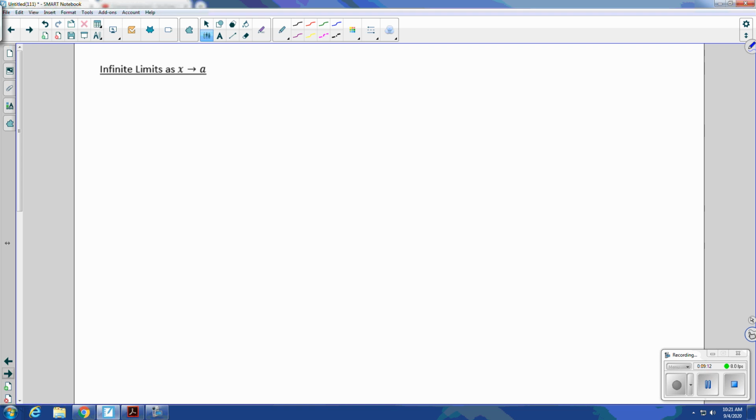We'll now look at if we approach some constant and the limit is positive or negative infinity. So we'll kind of reverse that. In previous videos, we strictly looked at limits that approach constant values.